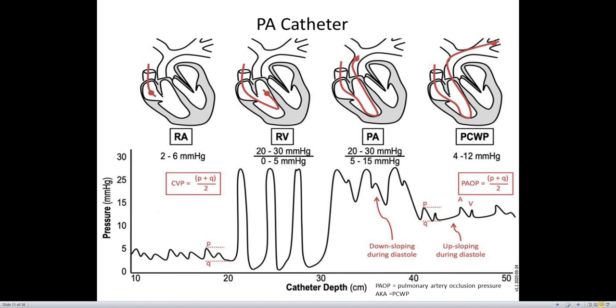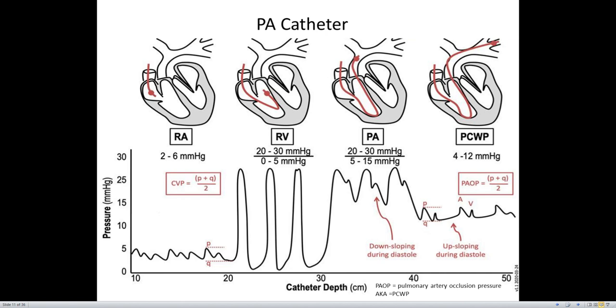In this particular picture, still looking at the waveforms represented by PCWP, the occlusion pressure or pulmonary capillary wedge pressure is equal to the peak, which is P, plus the valley, which is Q, divided by 2. So take a look at this and get an idea of the normal pressures that occur in each part of the lung and ventricles that we can actually measure.